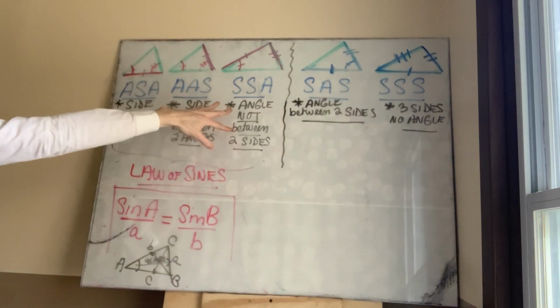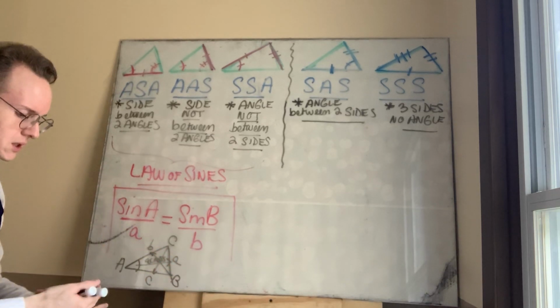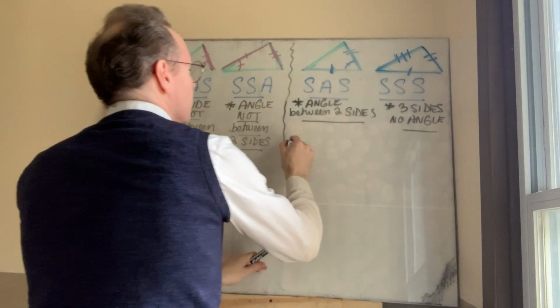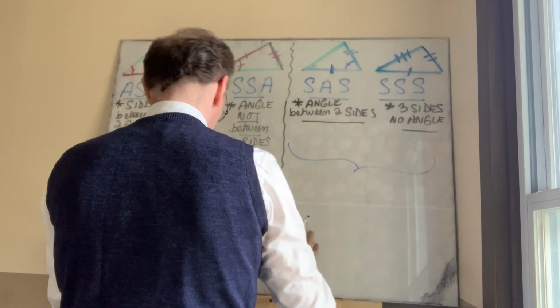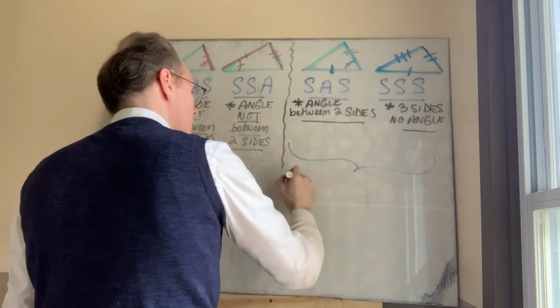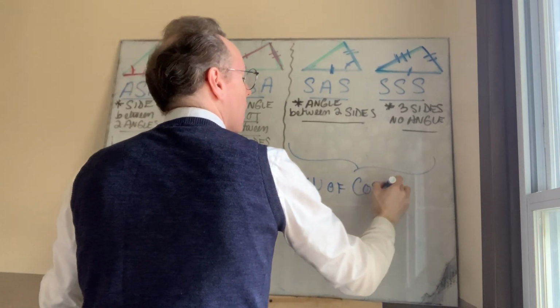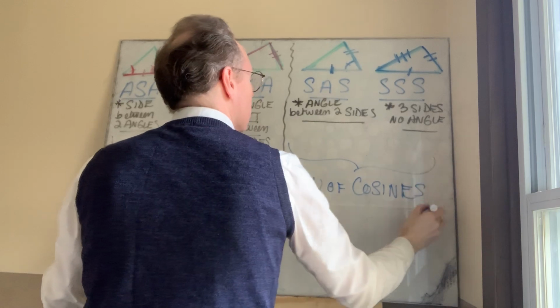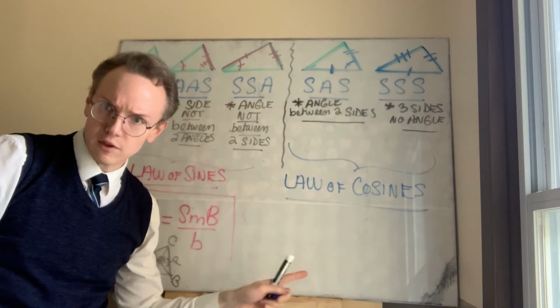Okay, so essentially, if these situations pertain to law of sines formulas, then these two situations pertain to, or you will utilize, law of cosines. They are a more complex formula, but they're derived from basically the Pythagorean Theorem.